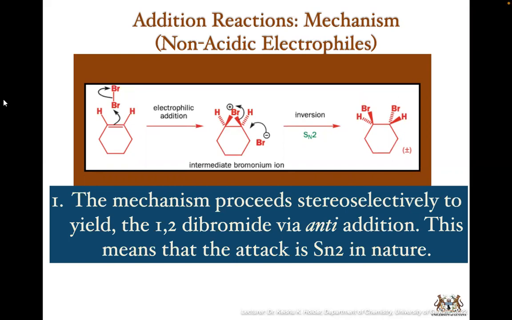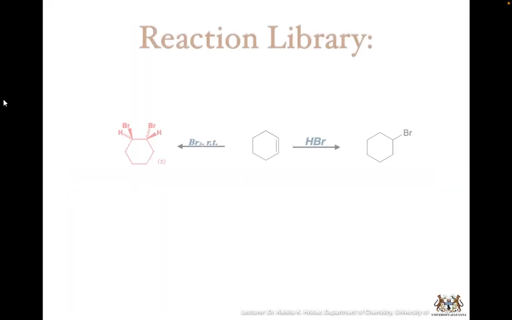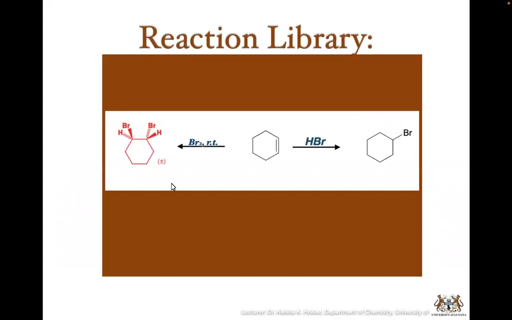All right. So we have widened our library and we are now able to build molecular complexity starting from a simple alkene by just shifting around the reactions and the reagents that we are using. On the right, we have hydrohalogenation, which is simply adding a hydrohalide to an alkene. What that does is it gives us a haloalkane, meaning an alkyl molecule that has one halogen attached.